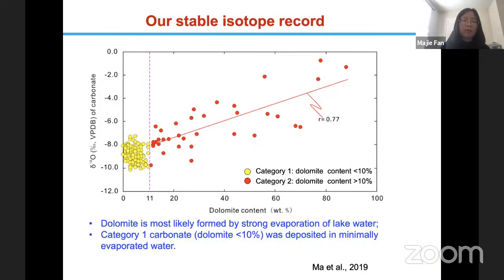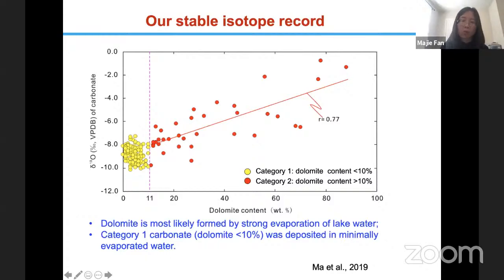Further, when we look into the correlation between the delta O18 value of the dolomite and the dolomite content, we see a clear positive relationship, with higher dolomite content showing a higher delta O18 value. So we suggest from this plot that dolomite was formed under evaporation.